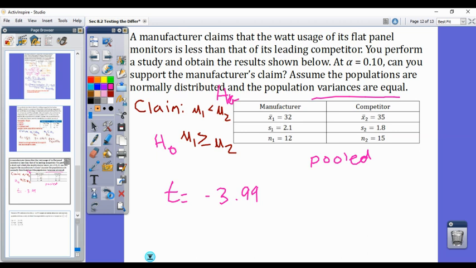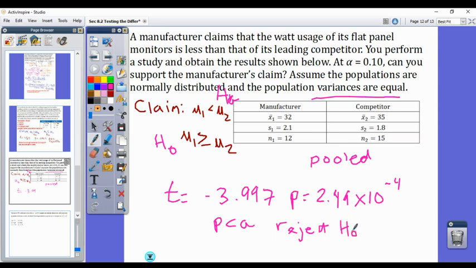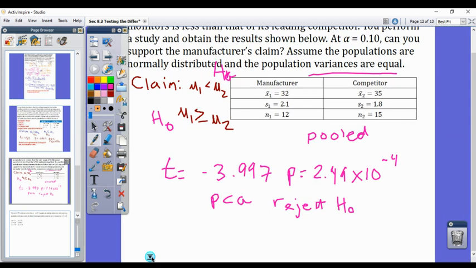Okay, and I'm going to get a p-value of 2.49 times 10 to the negative fourth. All right, so p is way, way, way less than our alpha, 0.1. So we're going to reject.